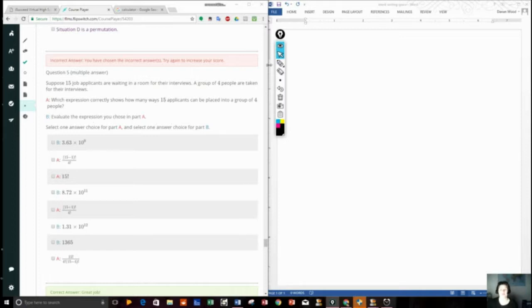So the question I'm going to start asking myself is, is this a combination or is it a permutation? Does it matter which people I choose? Does it matter if I chose Anna first or if I chose Anna last? Does it matter to her?